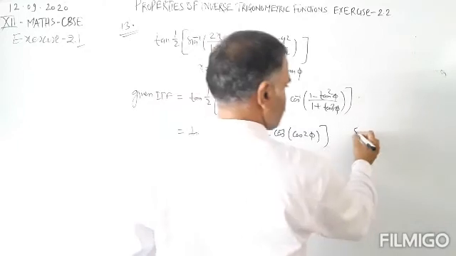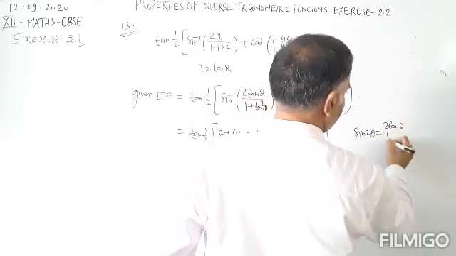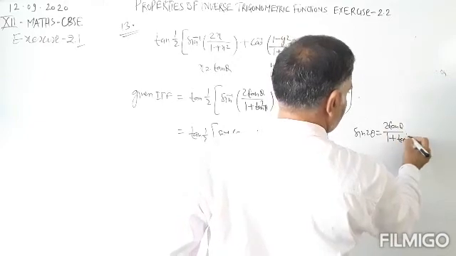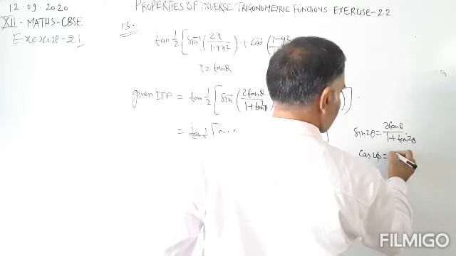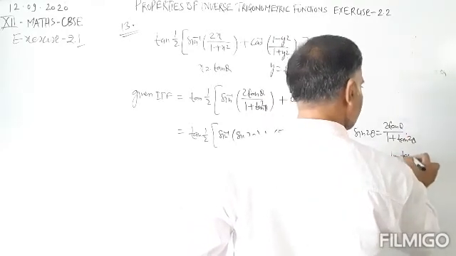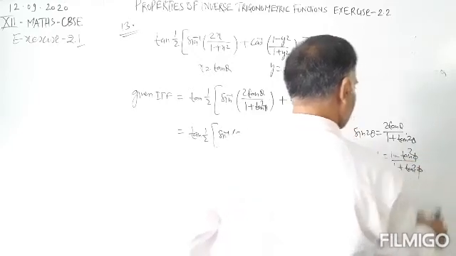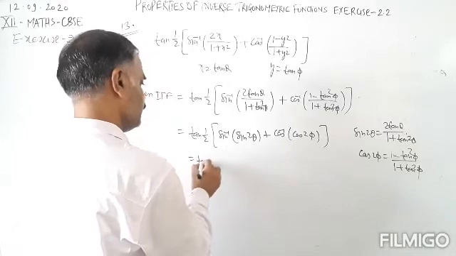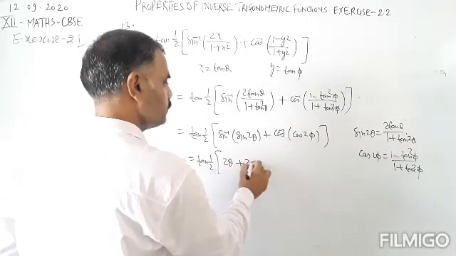Means sin 2 theta equals 2 tan theta upon 1 plus tan square theta, and cos 2 phi equals 1 minus tan square phi upon 1 plus tan square phi. So tan of 1 by 2 into 2 theta plus 2 phi.